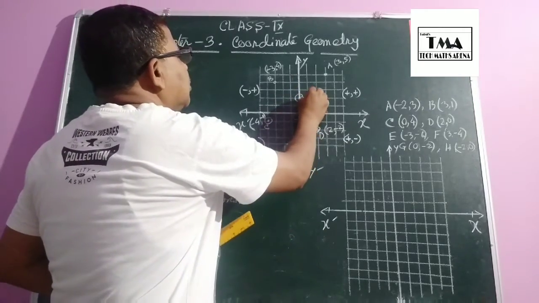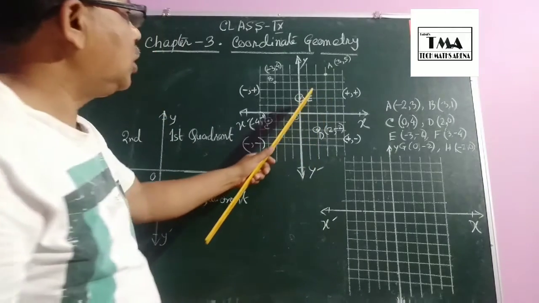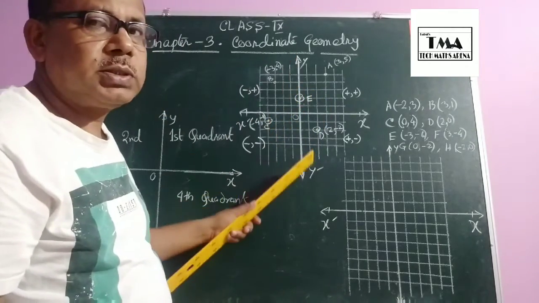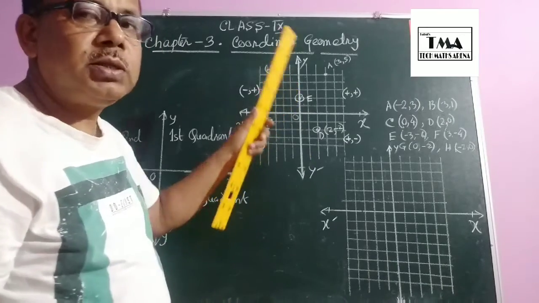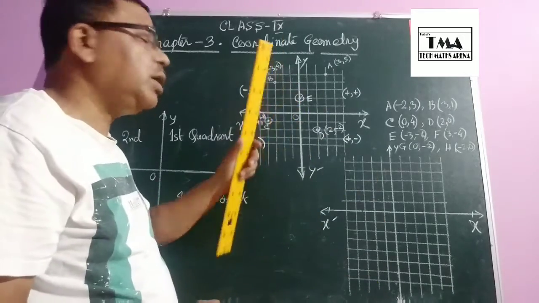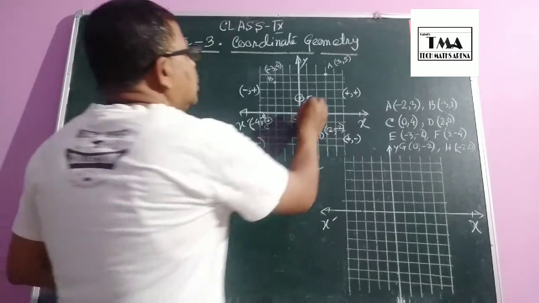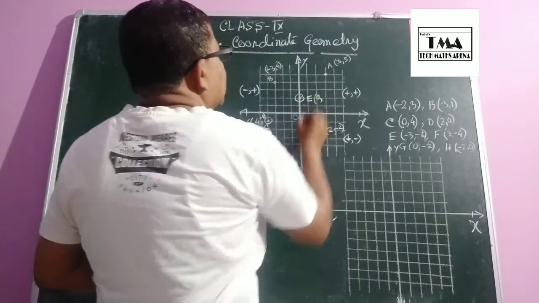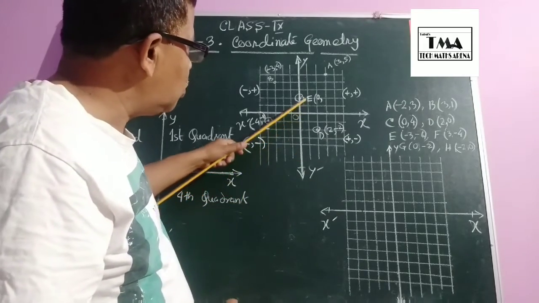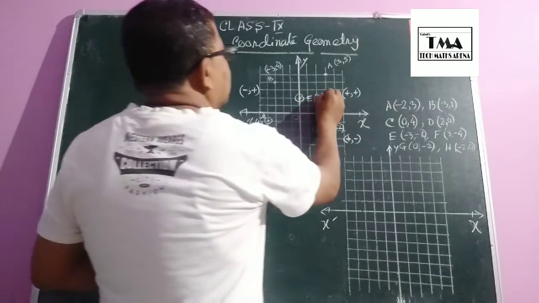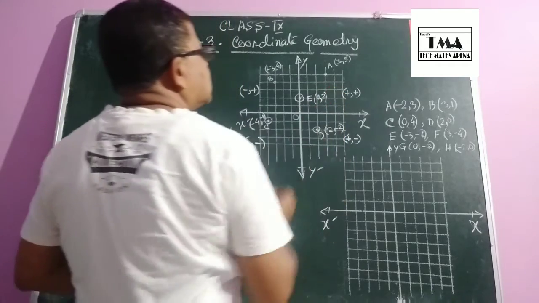Suppose the point is E. Since the point E is on the y-axis, the distance from the y-axis is 0 because the point is on the y-axis. So this is 0. But for the y coordinate, 1, 2 along the positive y-axis, so this is 2.